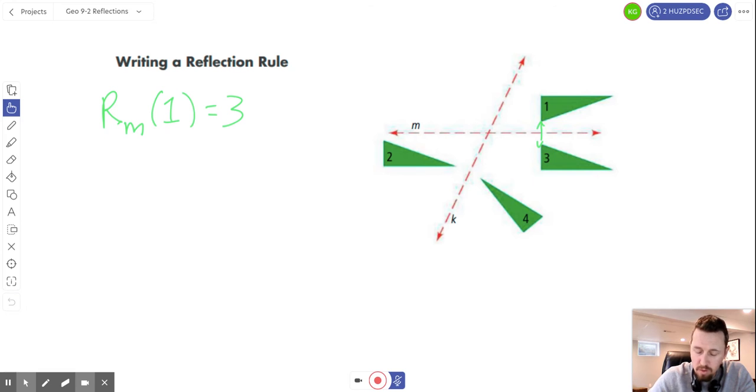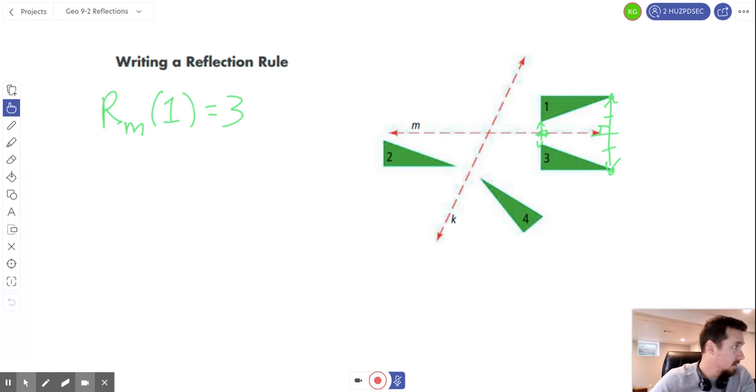Now, how do we know? Well, a good way to describe that we know is by drawing in these lines and looking at these lines that connect the vertices and seeing how those lines are all perpendicular to line M, and line M exactly cuts these in half.